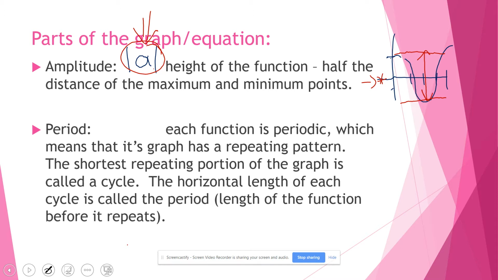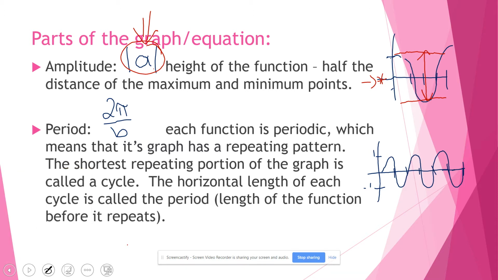And then the formula for the period is 2 pi over b. Now remember in the formulas in the previous slide, we had a and b. And so that's where we're pulling these a and b values to find the amplitude and the period. If you've learned about sound waves, they have patterns like this.